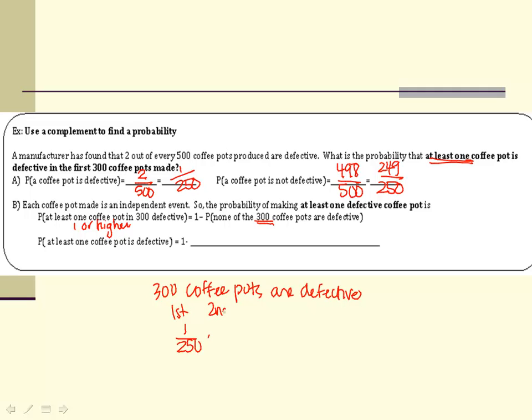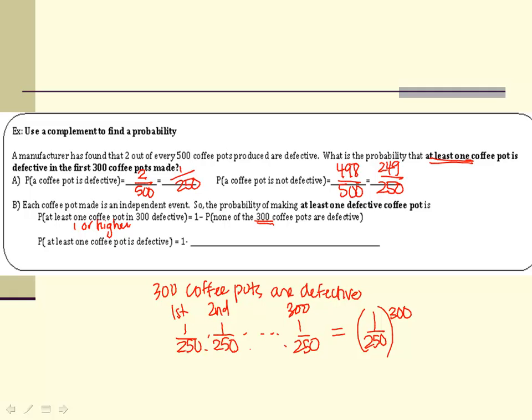My second coffee pot also has a probability of 1 out of 250, and this keeps going until I get to my 300th coffee pot, which also has a probability of 1 out of 250. So if I want the probability that 300 coffee pots are defective, it's really 1 out of 250 to the 300th power, because I'll have 300 of those probabilities.